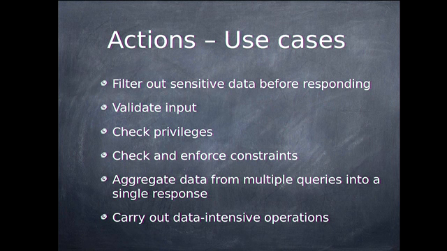You can aggregate data from within an action because you can run multiple queries in an action, compute an average result or an aggregate result, and return this aggregate back to the client. So if you have data-intensive operations like querying 20 different collections, you can do it by running 20 HTTP queries from a client, or you can do it by running one HTTP query from a client to an action and do all of the querying within the action.